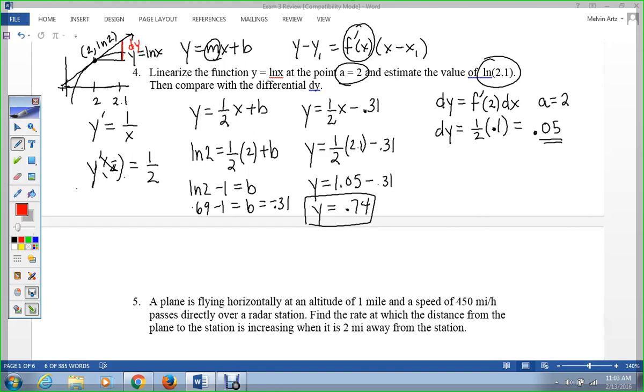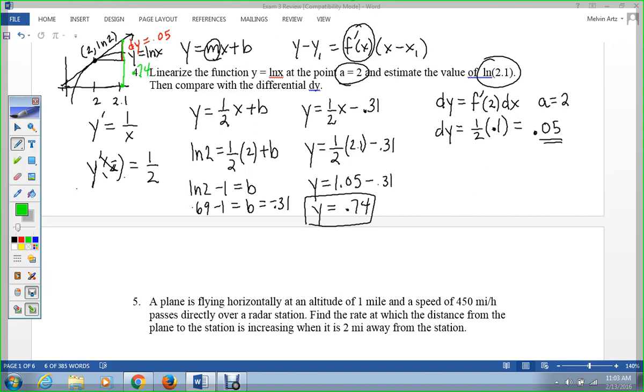That's dy. So that's what we're saying is 0.05. Now, when we use the linearization to find the value of ln of 2.1, or estimate the value, that was finding this value from here all the way up to here. That gave us 0.74. So that value would be 0.74.